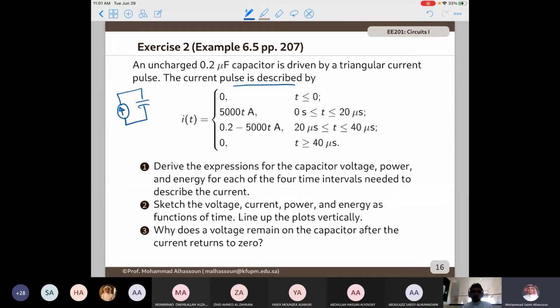We're asked to derive the expression for the capacitor's voltage, power, and energy for the four time intervals. Okay, let's try to do that.